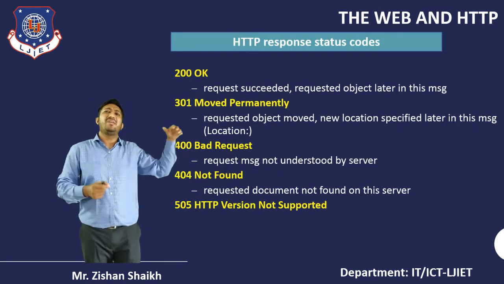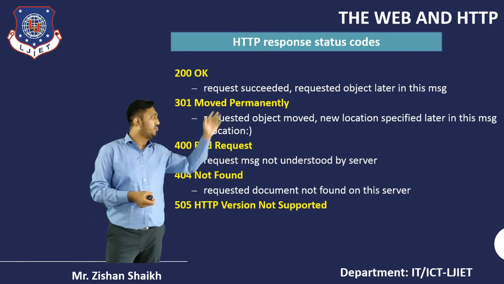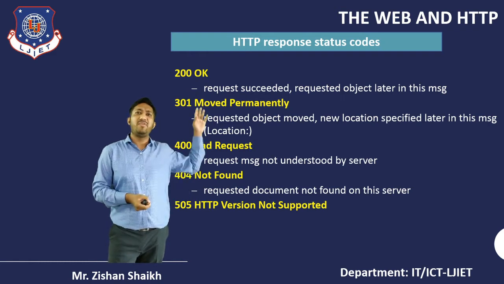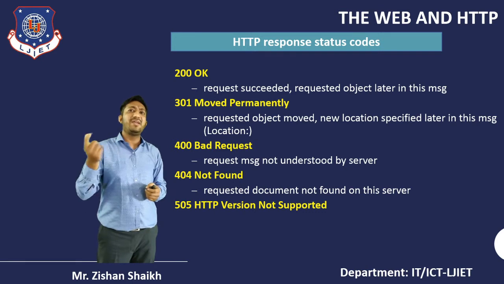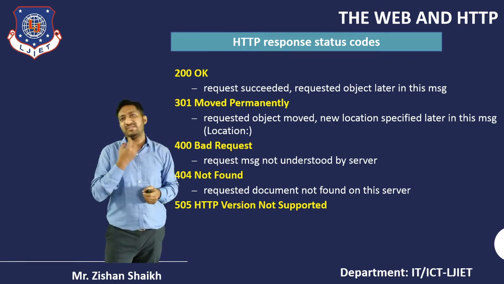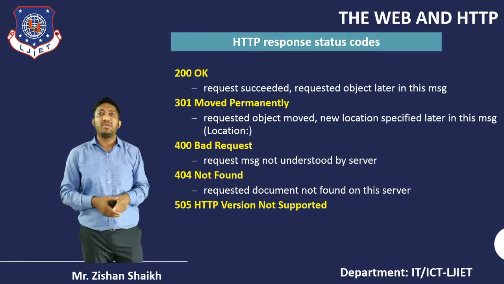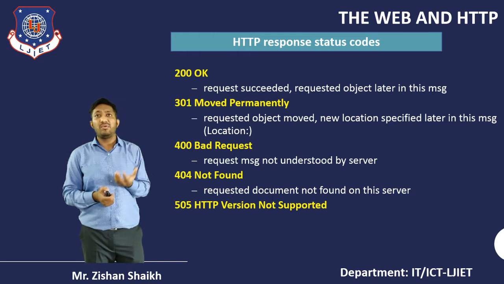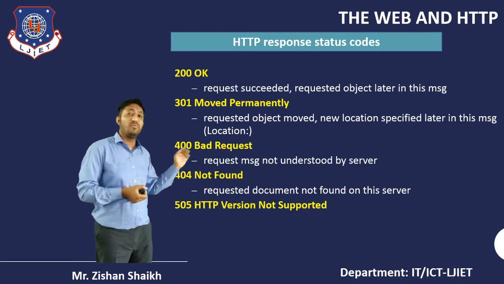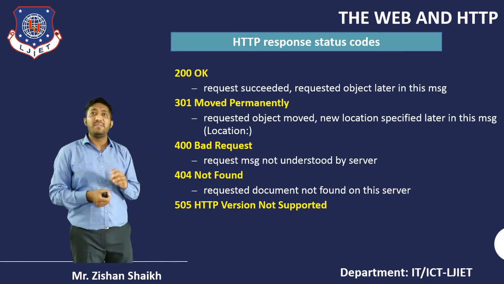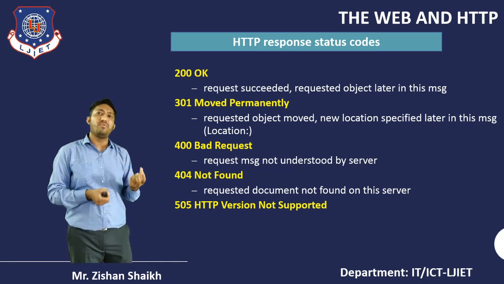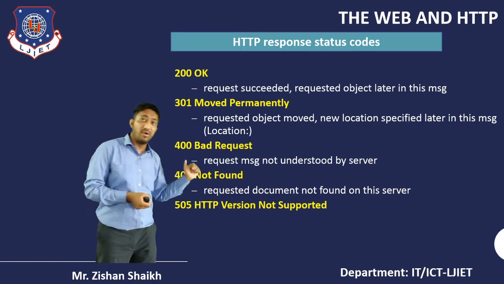So what other response codes are used by our response message? We already saw 200, that is OK. The requested data was successfully received. Sometimes you also see the message 404. When you request a page and it is not available, the browser tells you 404: file not found.